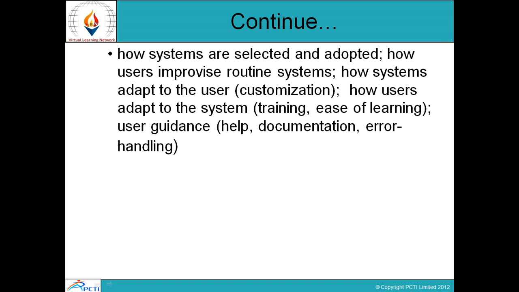Sometimes if the person is not able to use a product or service, then he or she may require some sort of training. So human computer interface helps us to provide a sort of training, to guide the audience, to provide better documentation, to help in getting things done, in handling the error part.